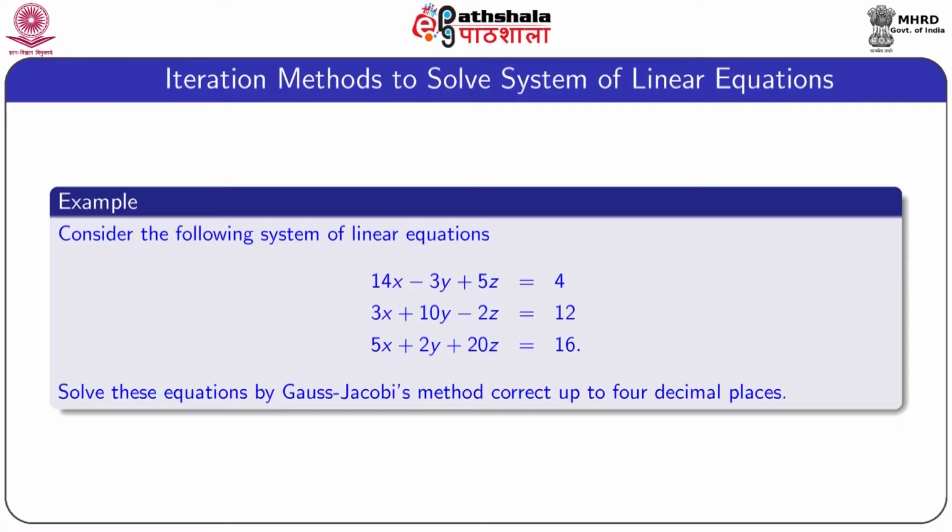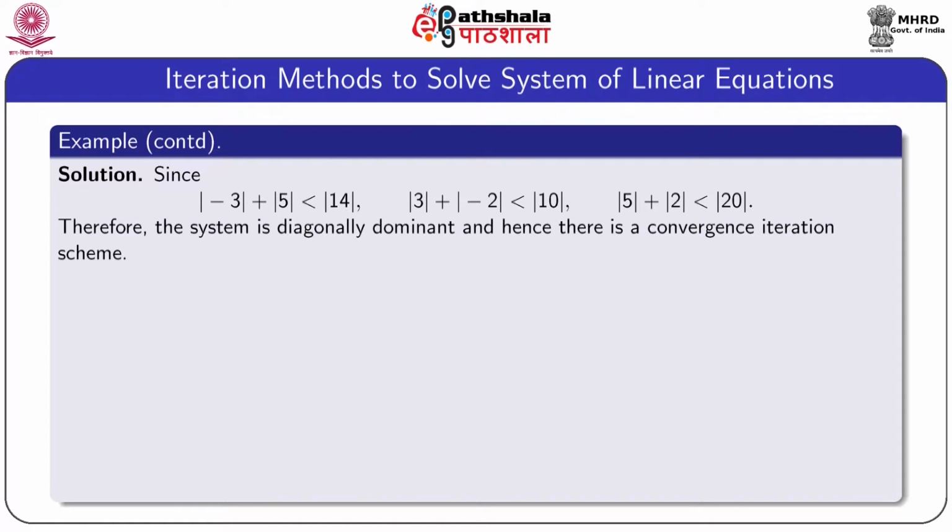Now, we consider an example to illustrate the Gauss-Jacobi's method. The given set of equations contains 3 variables and 3 equations. From this system we see that the sum of the absolute values of the coefficients of the variables y and z is strictly less than the coefficient of the first variable x, and the sum of the absolute values of the coefficients of x and z in the second equation is strictly less than 10, the coefficient of the variable y.